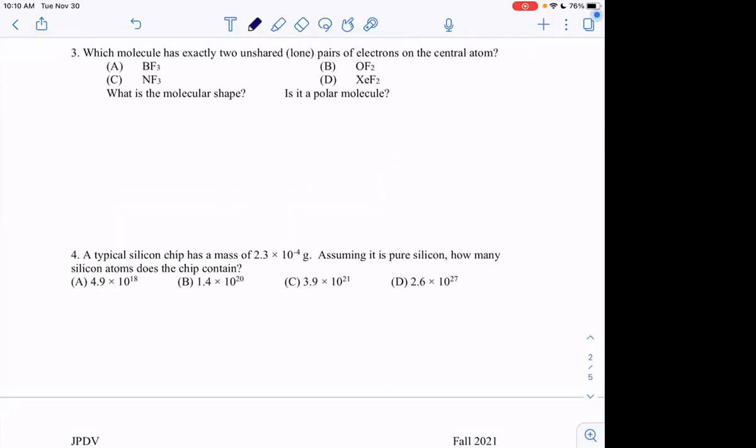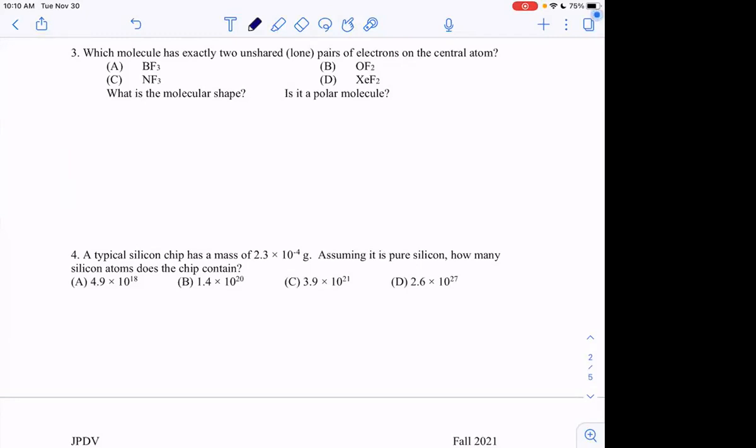All right. So, which molecule has exactly 2 unshared lone pairs of electrons on the central atom? Starting with A, BF3. What do you know about boron when it comes to octet rules? I told you about the 2 Bs, boron and beryllium. They often do not have complete octets, right? So real quickly, BF3, 7 times 3 is 21, plus boron, which is in group 3, that's 24 electrons.